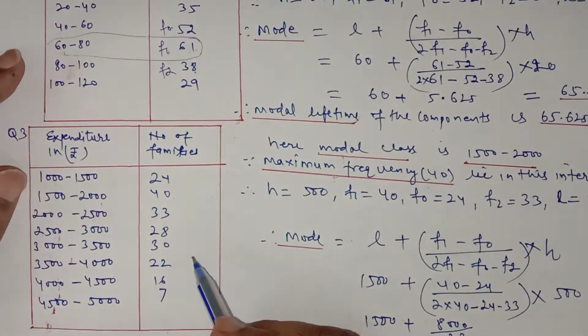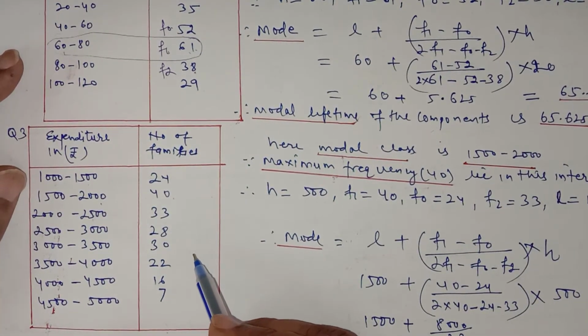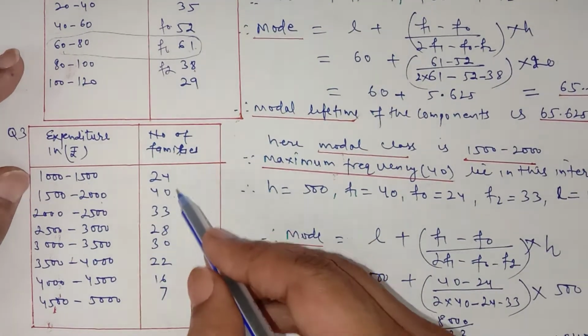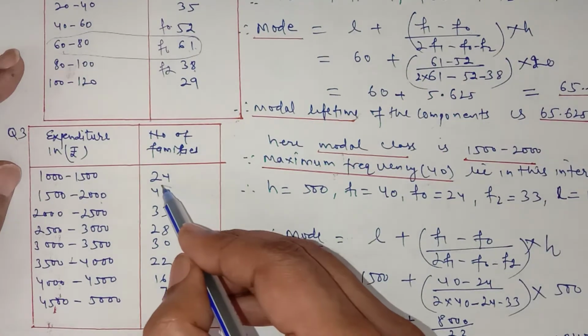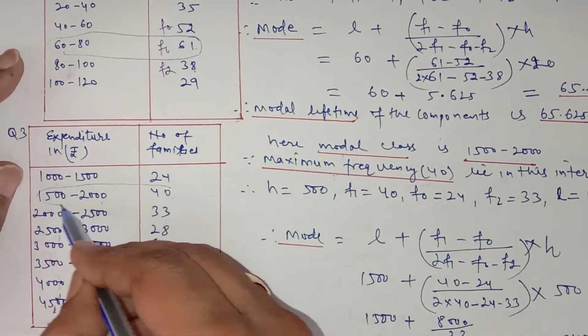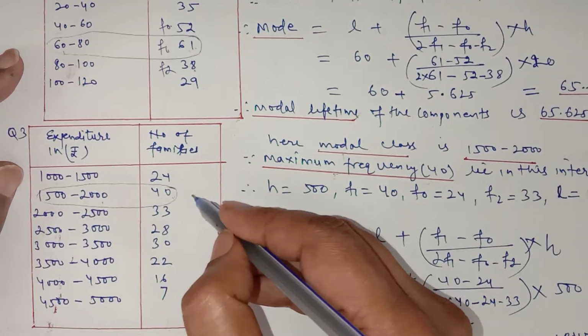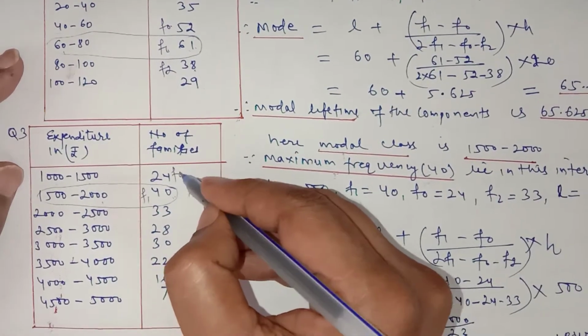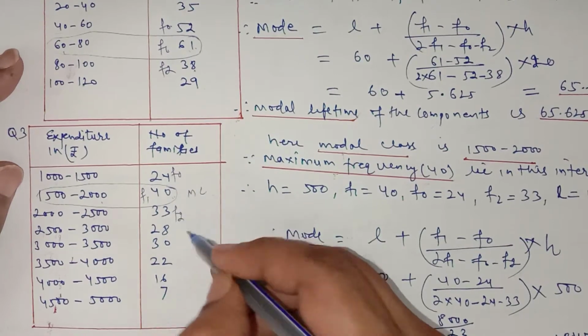So first of all, as usual, when you have to find the mode, you have to find the modal class. The maximum frequency here is how much? It is equal to 40. So this is the modal class, and this is F1. This will be F0, and this will be F2.